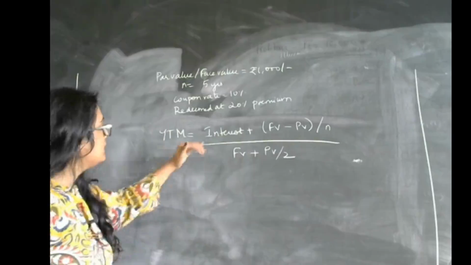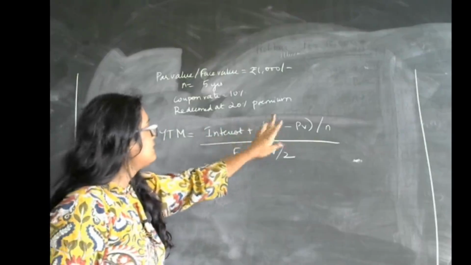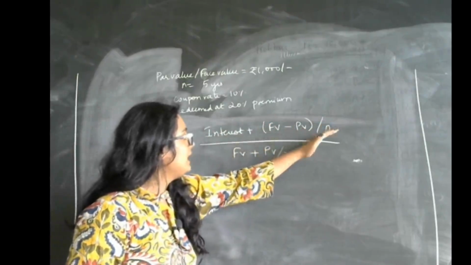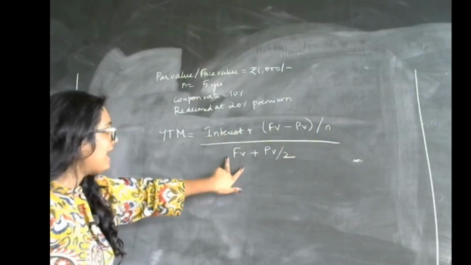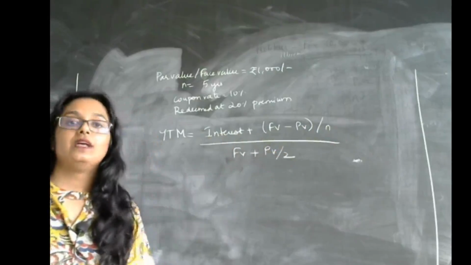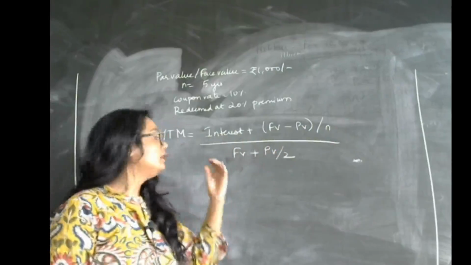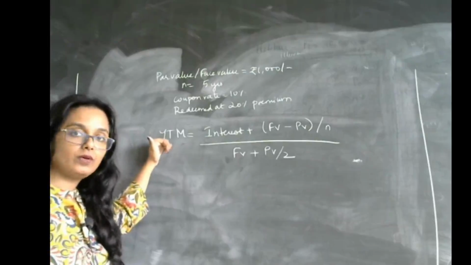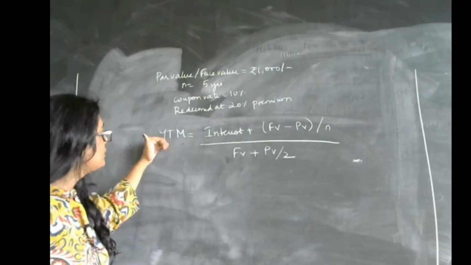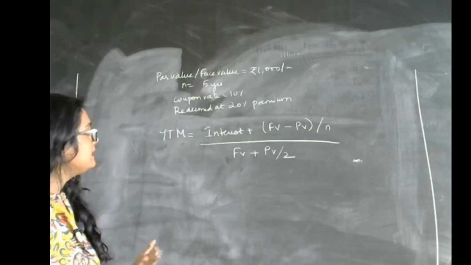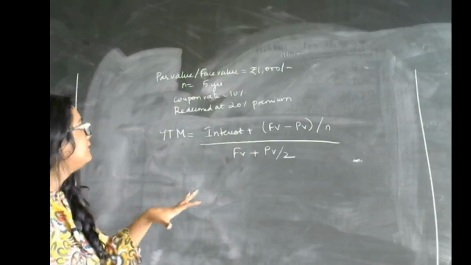So over here, the interest amount plus the difference between future value and present value divided by n, the whole divided by the average of future value plus present value divided by 2, is going to give you the yield to maturity. Okay, clear? So now let us see how to find out everything.